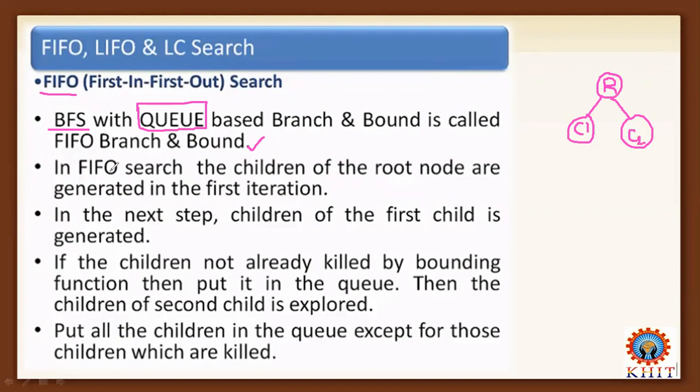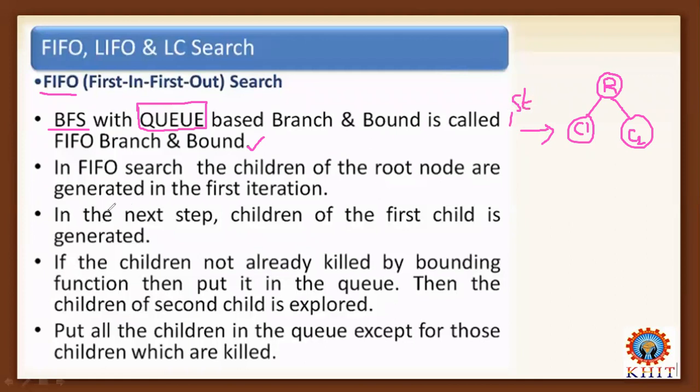So in the first in, first out searching technique, the children of the root node are generated in the first iteration. So this is called the first iteration.